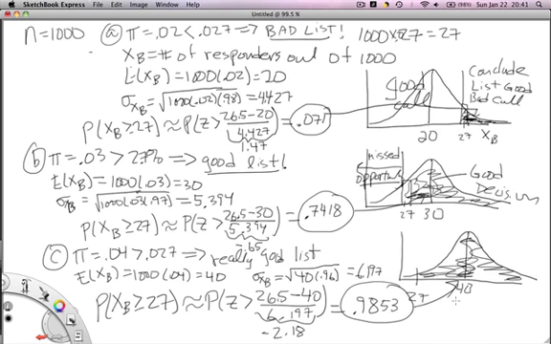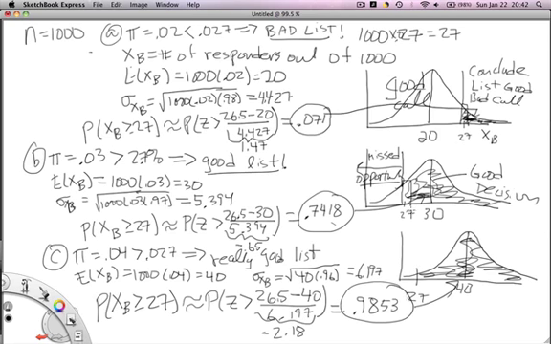So one thing to note about this is that the magnitude of the difference that we're trying to detect influences the power of our test. So what do I mean by that? Well, in part C, we're detecting a fairly big difference. 2.7% versus 4% is a big difference, and we have a whole lot of power, a lot of certainty that we're going to detect that. 98.5% of the time we'll come to the right decision.